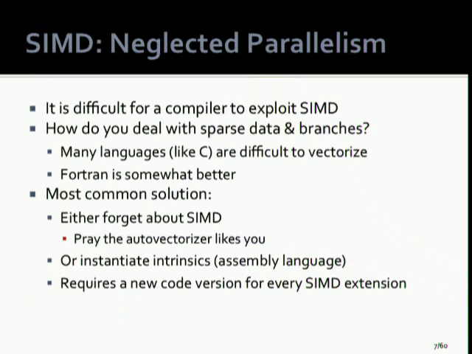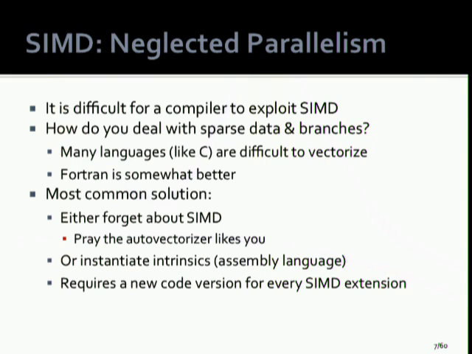When I worked at Intel, everybody in my group that was writing code that needed to use the SIMD capabilities of the processor would write using intrinsics instead of trusting the vectorizing compiler, because for whatever reason, it's a hard problem and it just doesn't work as well as we'd like.